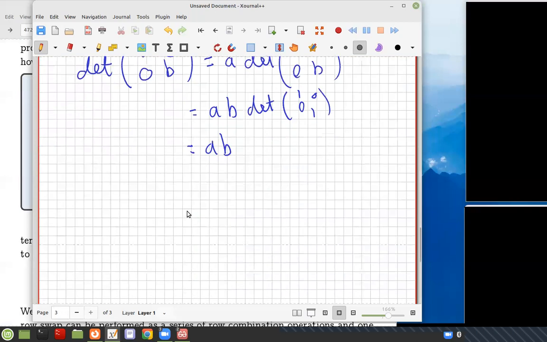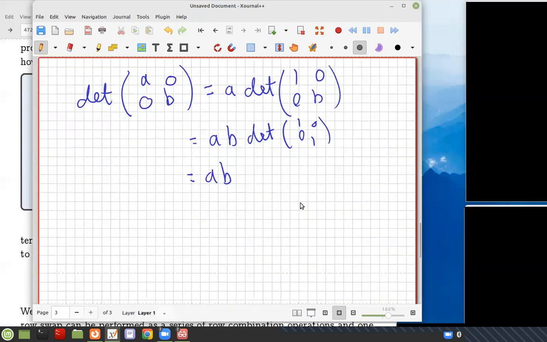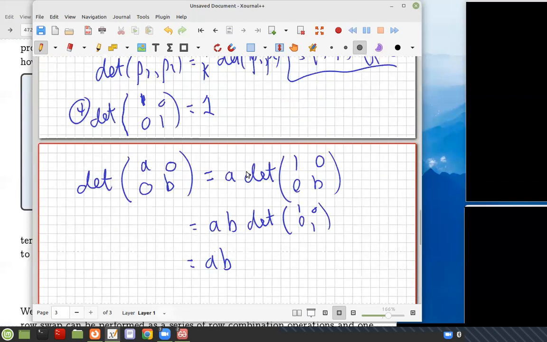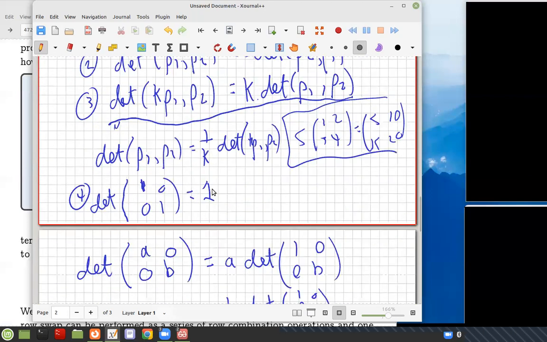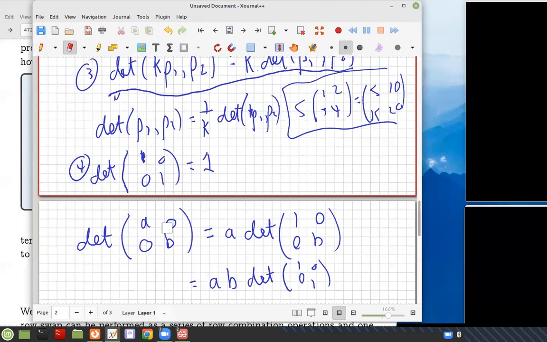Now, you can see here that this AB portion here, well, let me call this D to match up with what we did before.